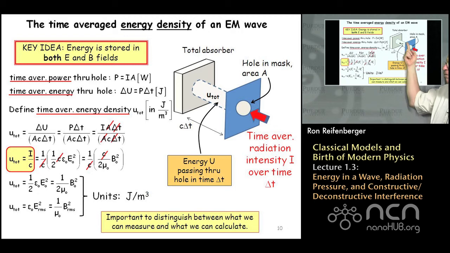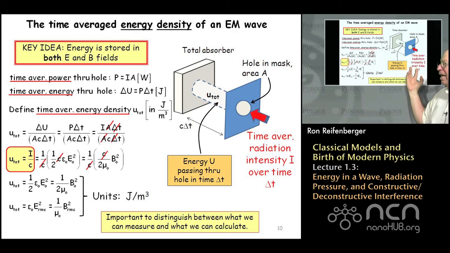So the way you think about energy densities in electromagnetic waves is sketched out in this simple conceptual diagram. You have a screen with a hole cut in the screen. The area of the hole is A. You illuminate that hole with radiation that has an intensity I, over a time interval delta t.